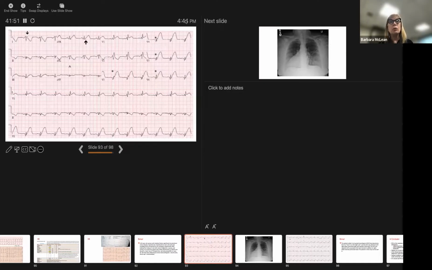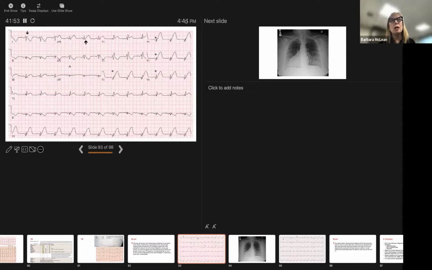So now look at her EKG. Okay. So first and foremost, she has poor R wave progression. She has early zone of transition. She has a right bundle branch block, but she also has significant ST segment elevation, V3, V4, V5, and V6. Okay.